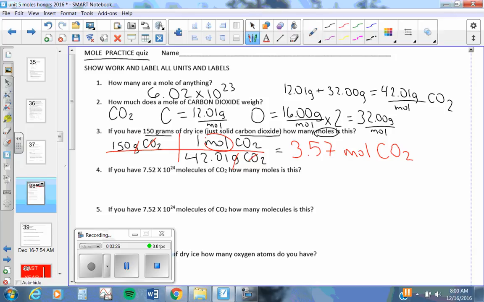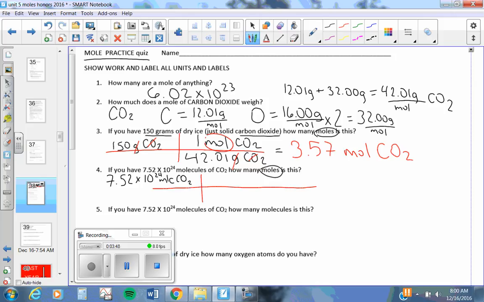Now, next question. We're starting with 7.52 times 10 to the 24 molecules of CO2. We want to know how many moles are in this many molecules. So we're going to do dimensional analysis again.